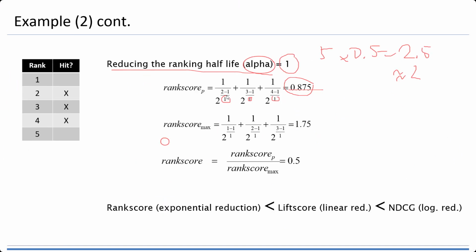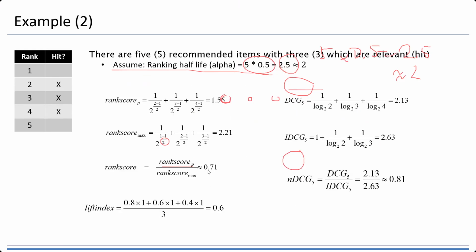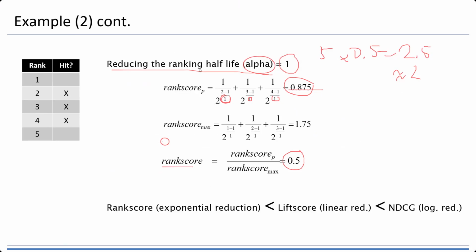This one uses a ranking half-life equal to 1. So the rank score we get is 0.5. Meanwhile, using the previous formula, we got 0.71. So the ranking half-life will affect the result.